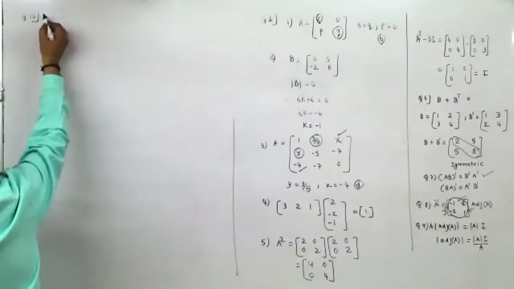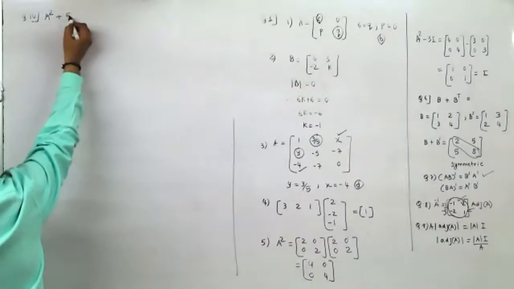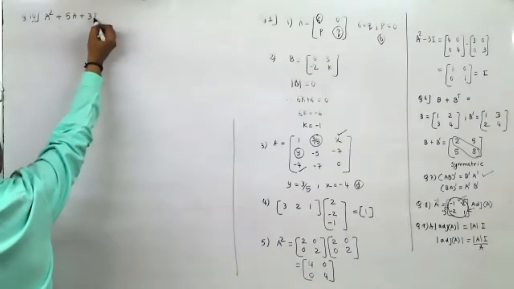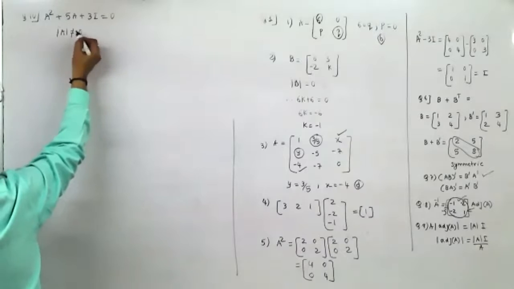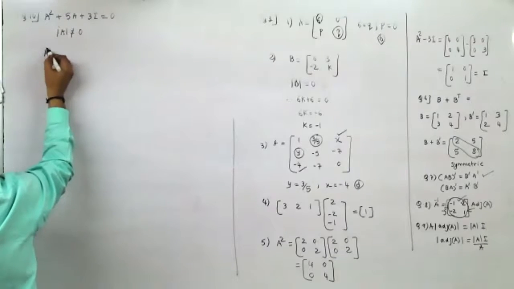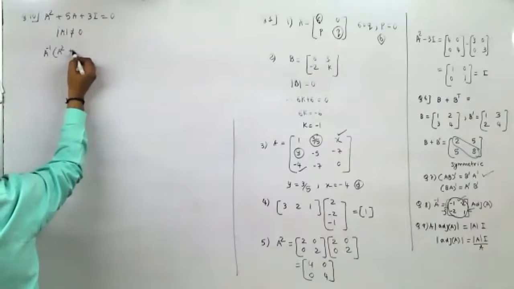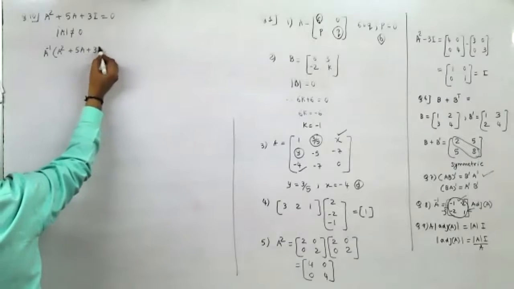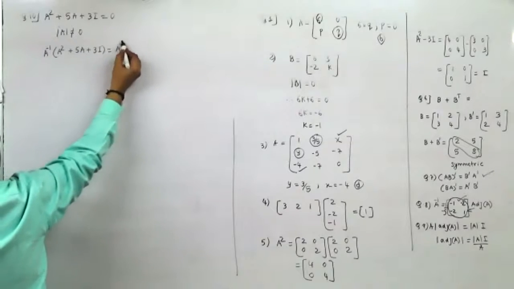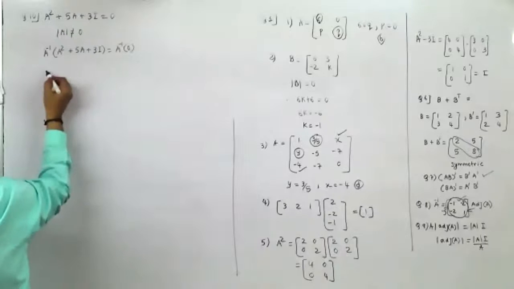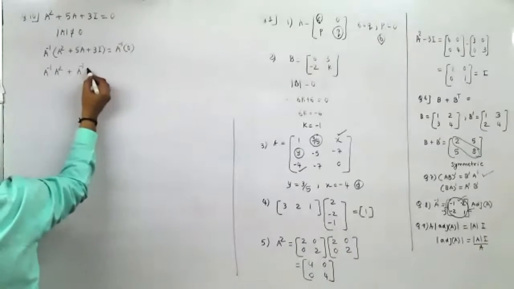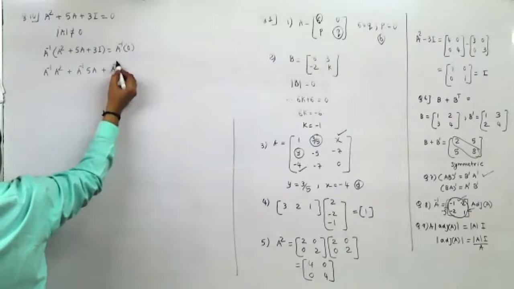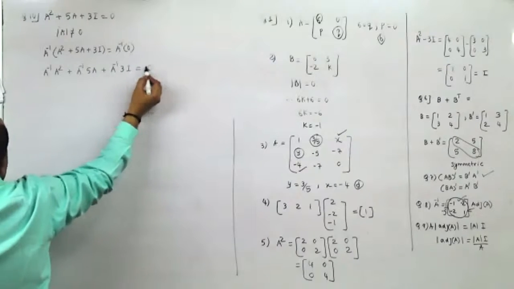This one, A square plus 5A plus 3I equal to 0, and determinant value of A is not equal to 0. Therefore, A inverse exists. What I'll do is I'll multiply both sides by A inverse. Very important question. A inverse into A square plus A inverse into 5A plus A inverse into 3I equal to 0.